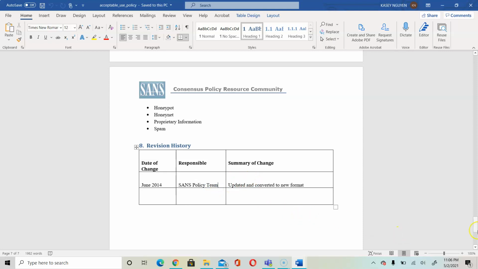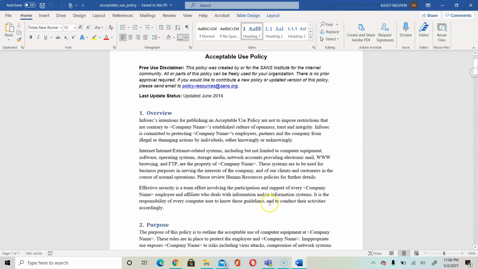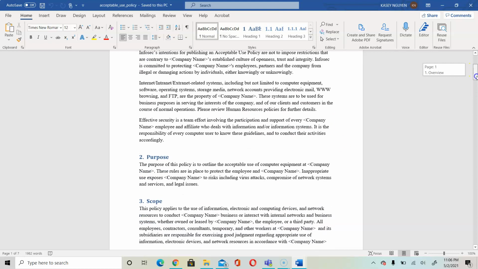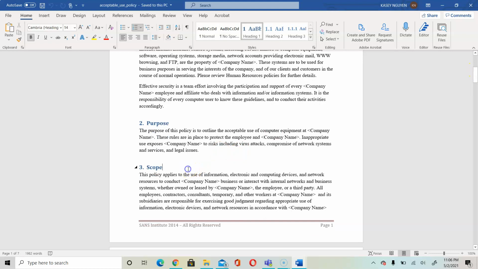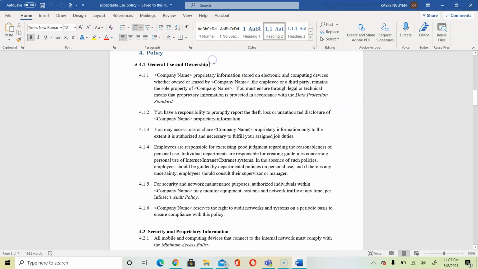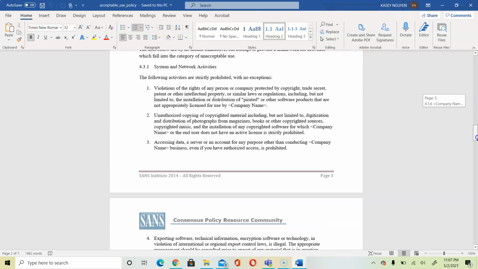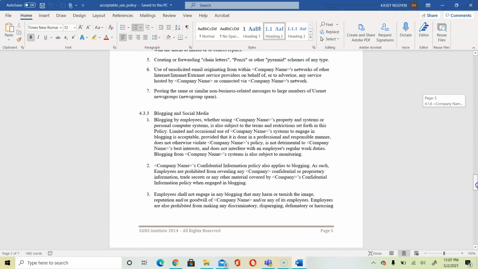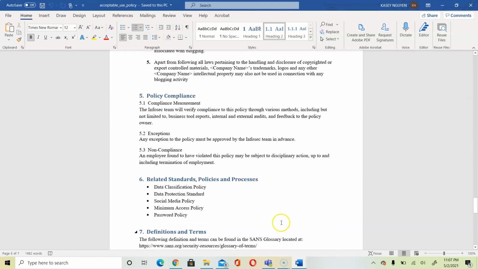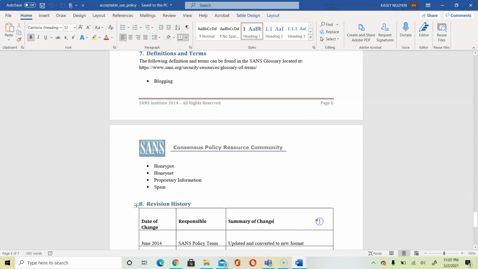So in a security policy overall, from the beginning, we want to give an overview describing what it is, its purpose, its scope, include the body of it, which will be the rules of what's allowed and what's not allowed, and then following it up with additional compliance standards and other policies, definition of terms, and the revision history.